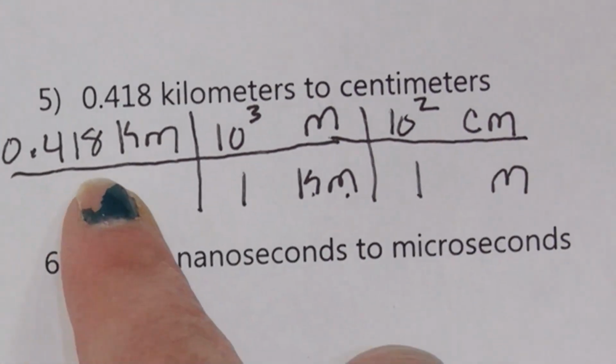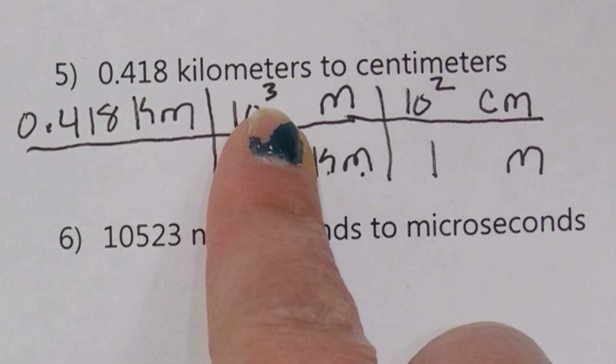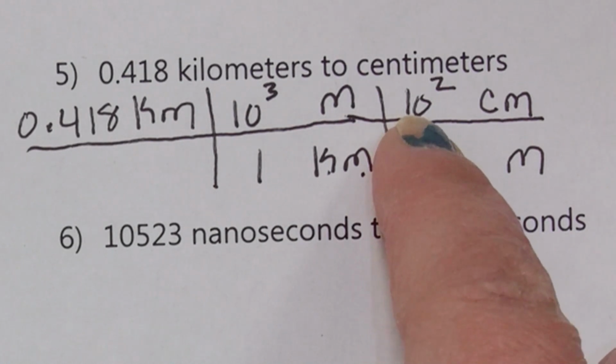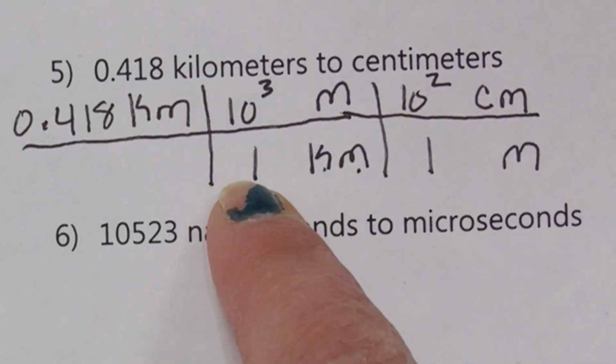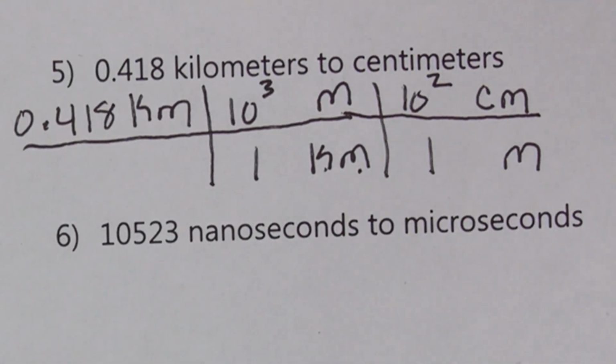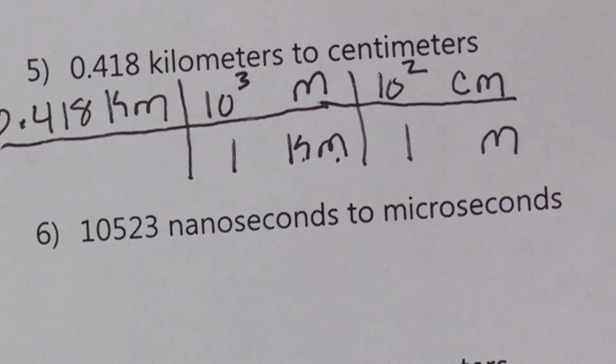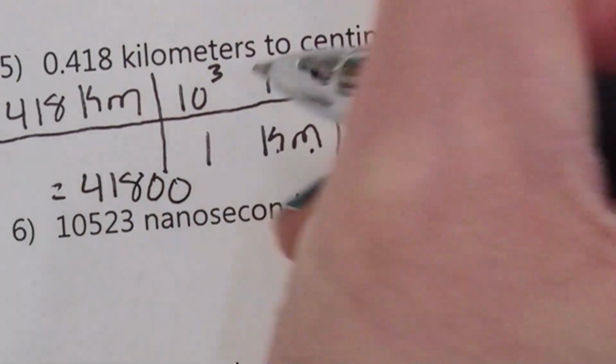So I essentially have 0.418 times 10 to the third times 10 to the second divided by 1 times 1. So when I plug this into my calculator, I find that my answer is going to be a fairly large number, 41800.